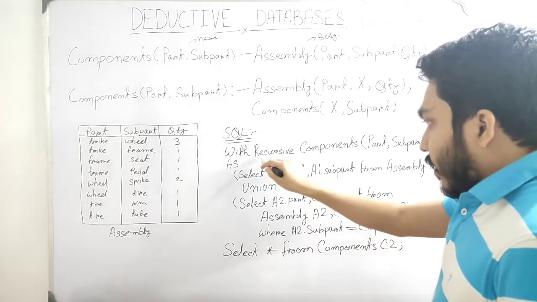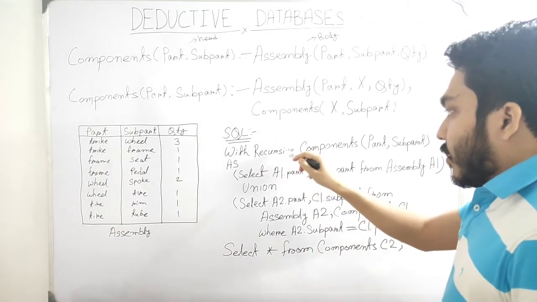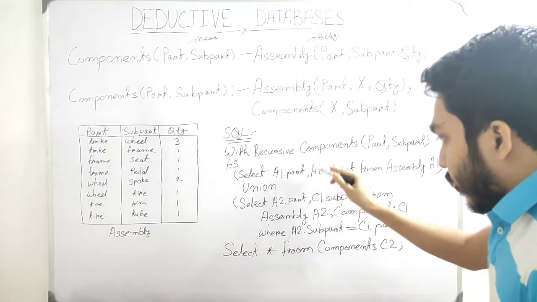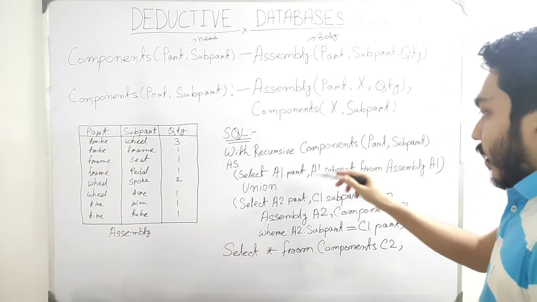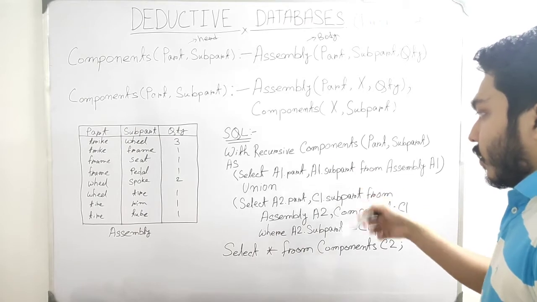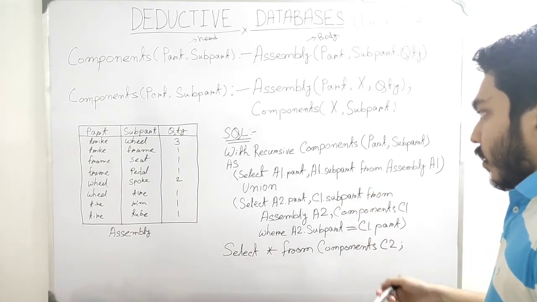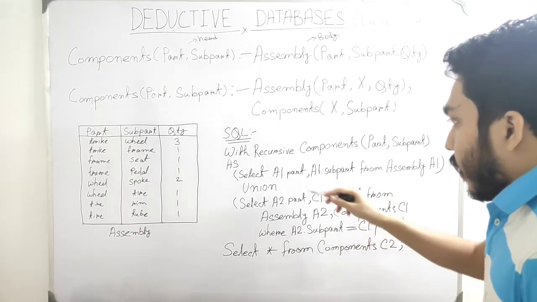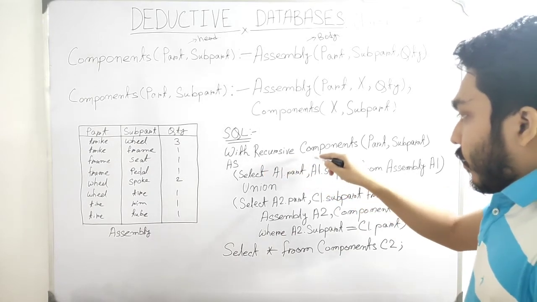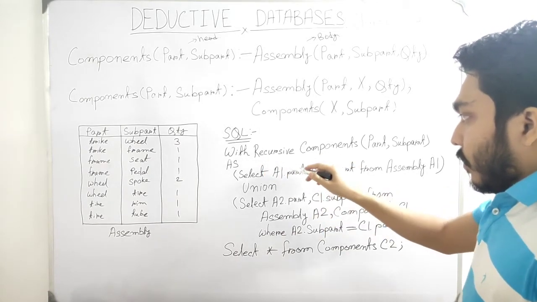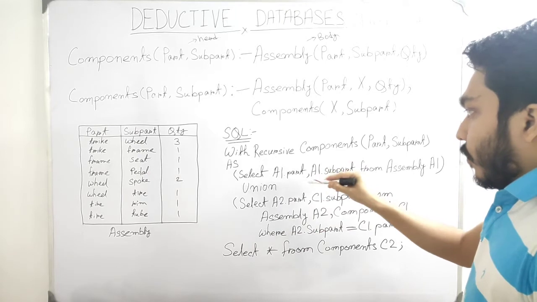Another thing is that recursive is very important here, because this query will run recursively until it stops producing new rows. When it stops producing new rows, the query stops.